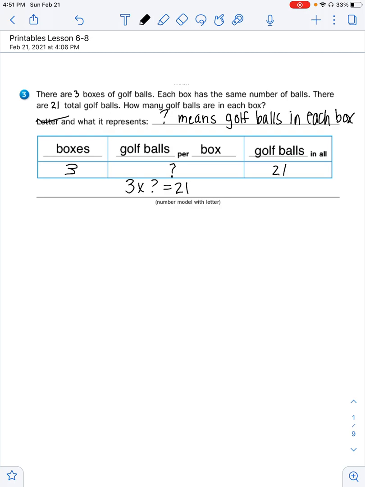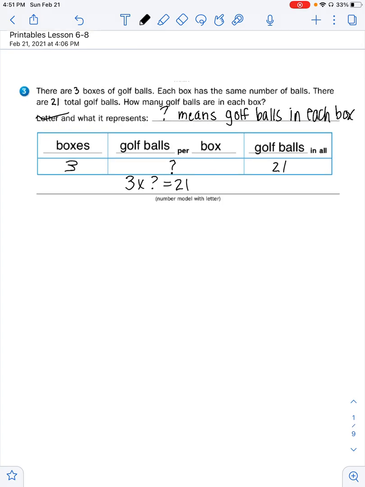So if I were to fill in that question mark, I would put 3 times 7 equals 21. Okay, so this question mark right here, that's just kind of holding the place of where we're going to eventually put the answer. Okay, so I hope that makes a little bit more sense now.